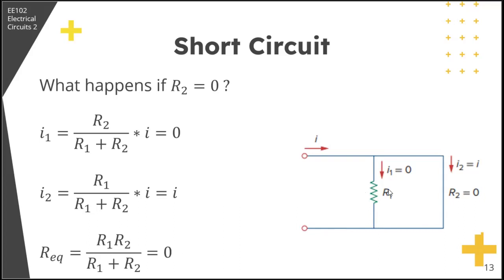So from this observation, let's keep in mind that if a circuit is short-circuited, first, the entire current flows through the short circuit, so I1 is 0 and I2 is equal to I. Second, the equivalent resistance is equal to 0.